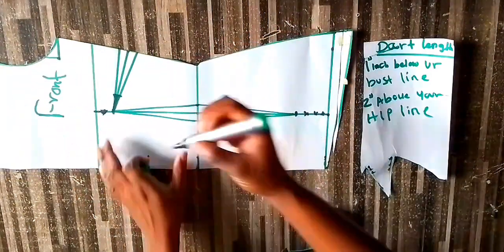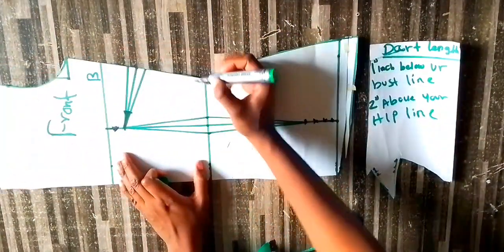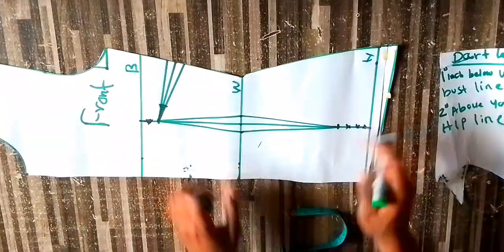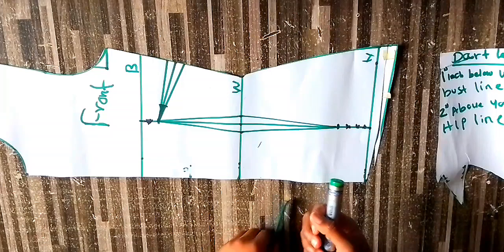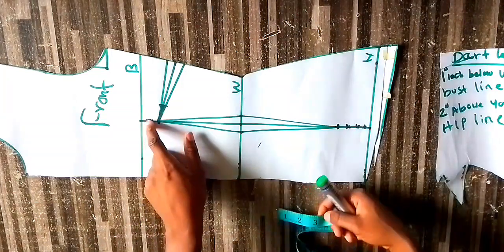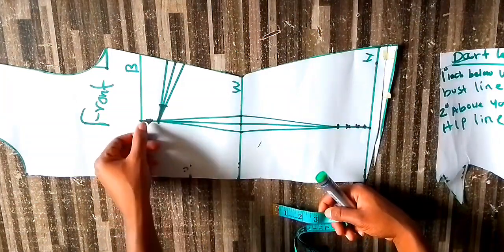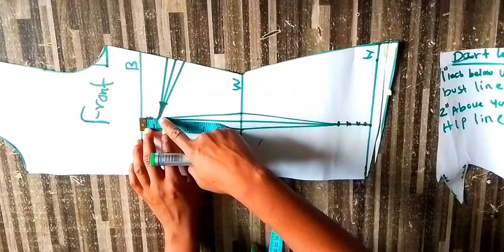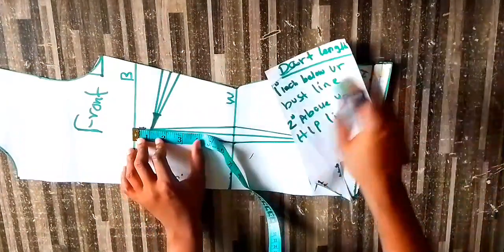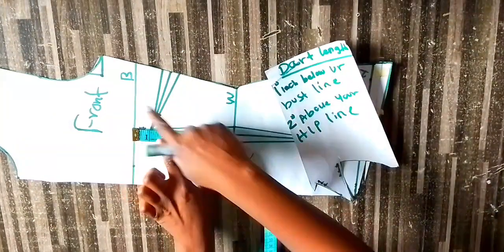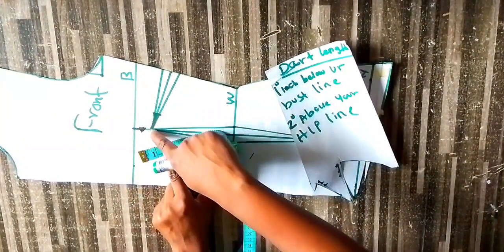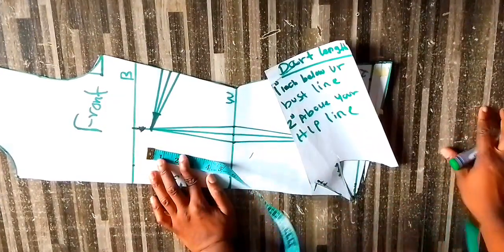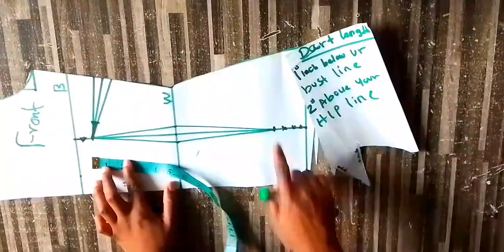You can see in this pattern paper, this is the bust, this is the waist, and this is the hip. On the bust line, just as I said earlier, I came down by 1 inch. I'll just show you. You can see 1 inch, and that was what I wrote here, 1 inch below your bust line. It is standard, guys. It's something you must do to get rid of pointiness and all of that.